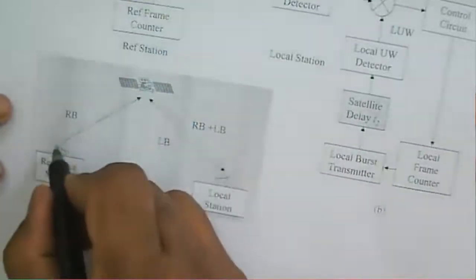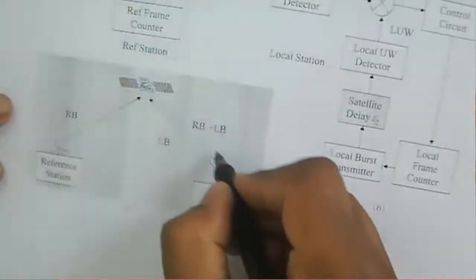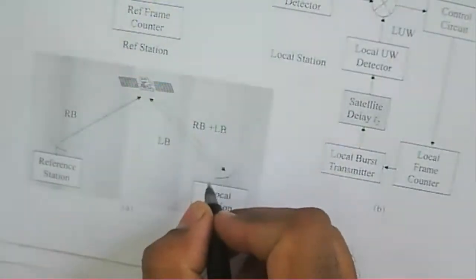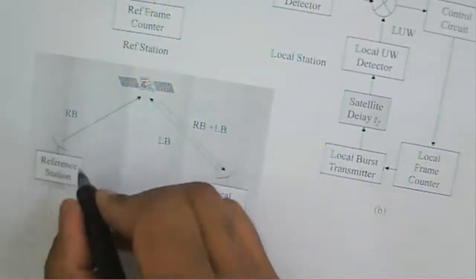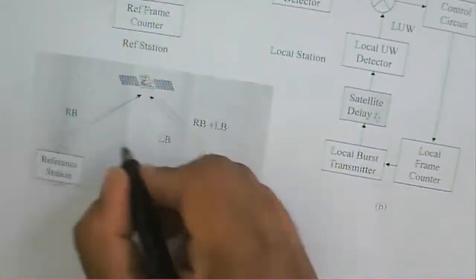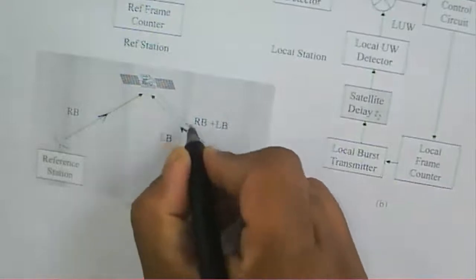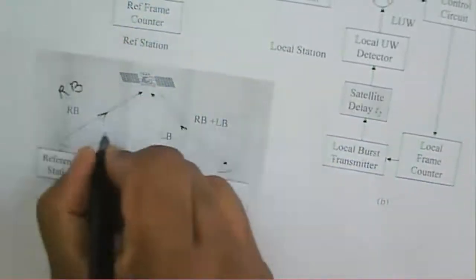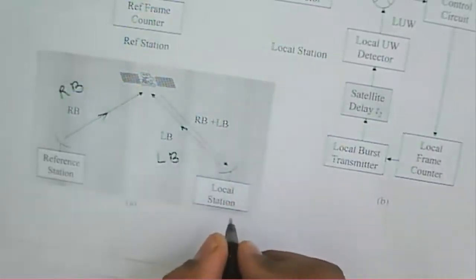So this is about a delay at the transmission. But at the downlink, if you see that RB plus LB, the delay is common here. But on the uplink, the delay is different. This is about the uplink. This one is about the downlink. So this is the reference bus, and this is the local bus transmitted by this local station.